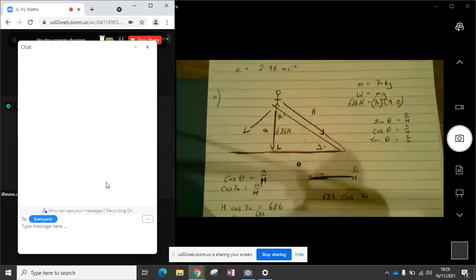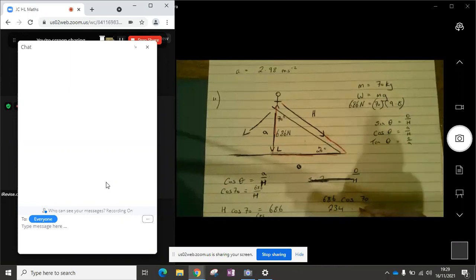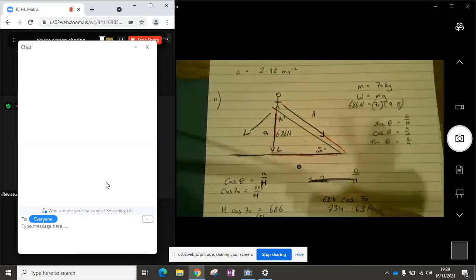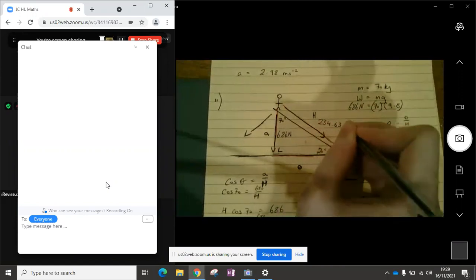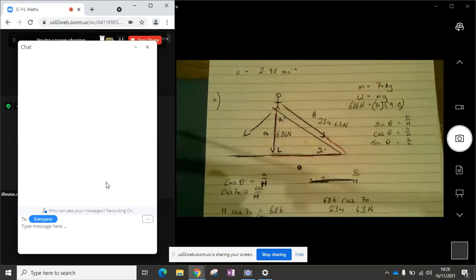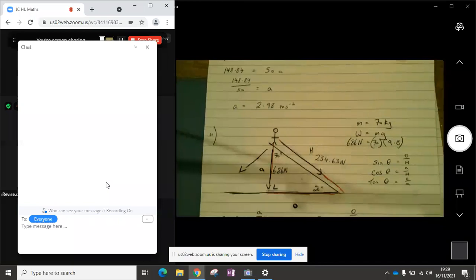Yeah, and type it in the calculator, we're going to get 234.63 newtons. Okay, so that's that component. The parallel component is 234.63 newtons.